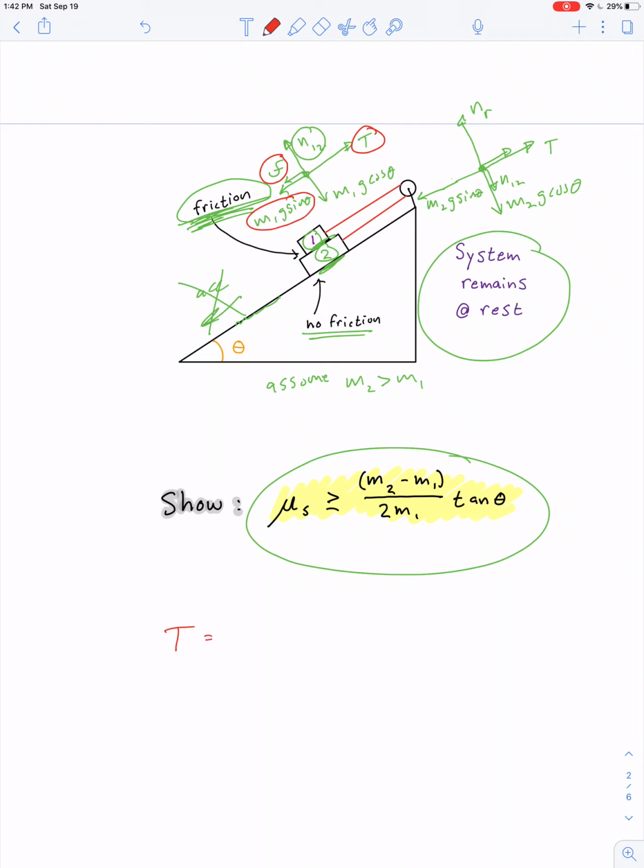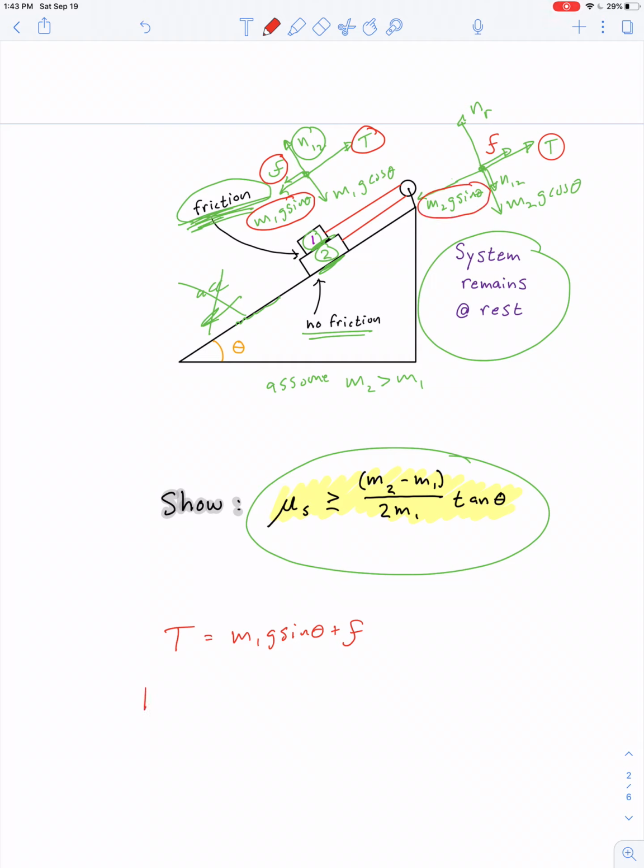So we can say that T is equal to m1g sine theta plus the friction force. And likewise, that very same amount of tension, when added with the friction force, is balanced by m2g sine theta.